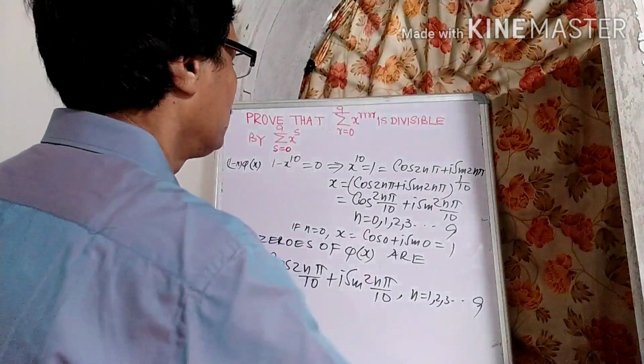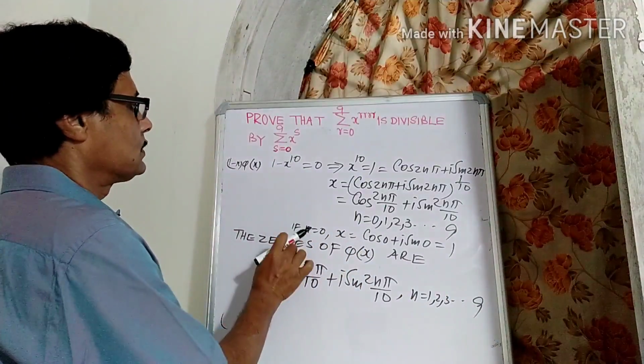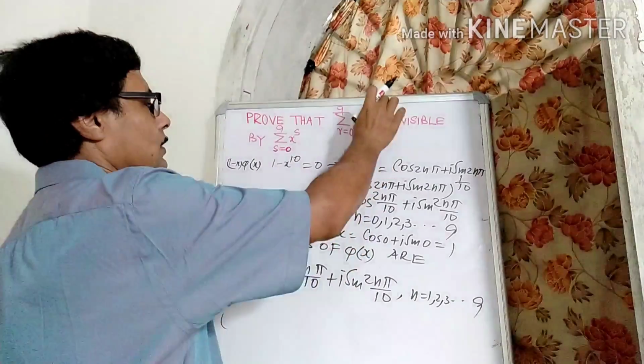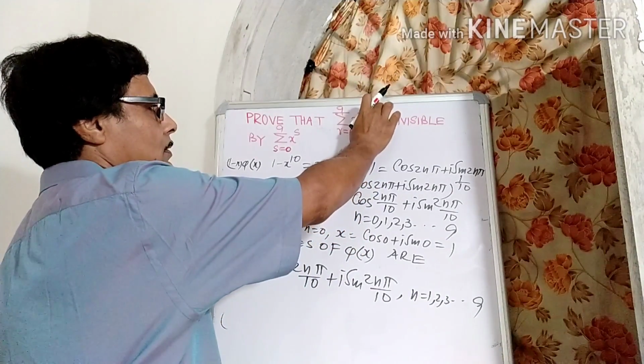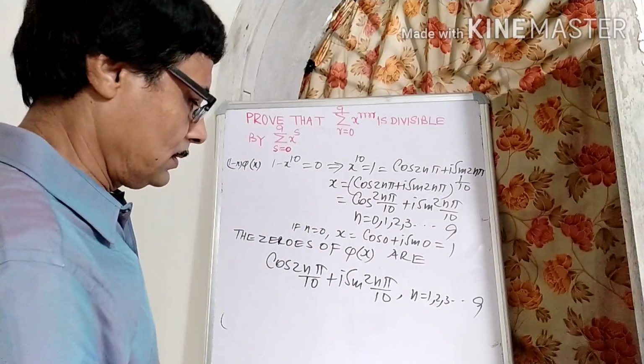Now we should verify that these zeros belong to the set of zeros of the polynomial function f(x).